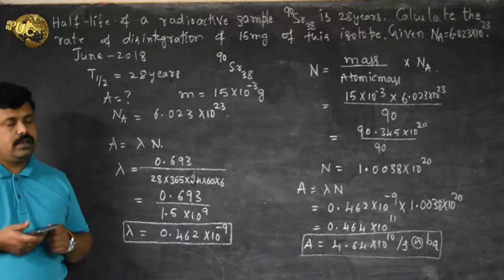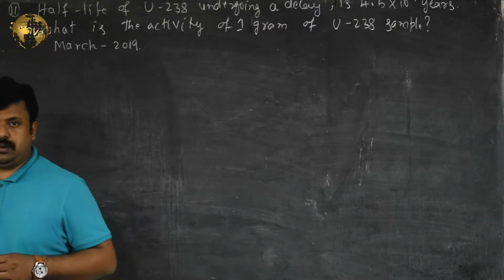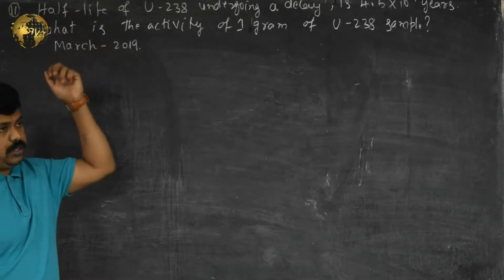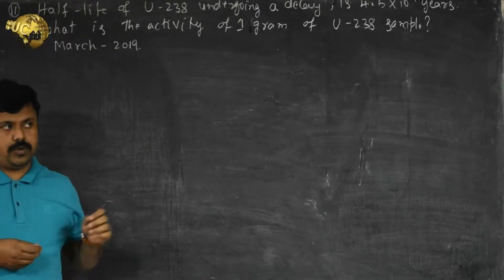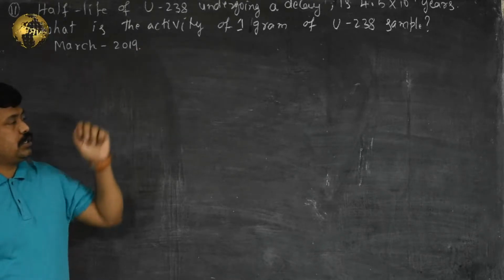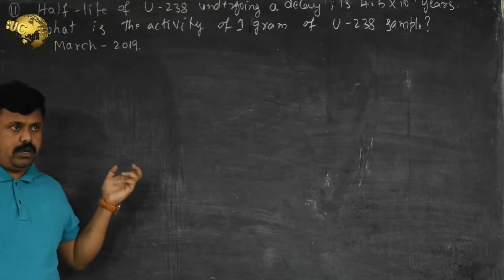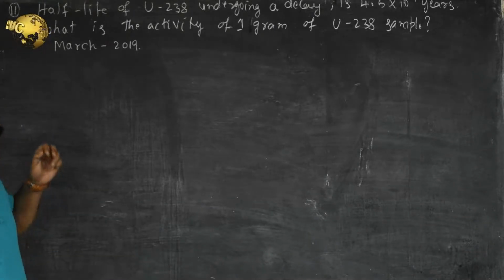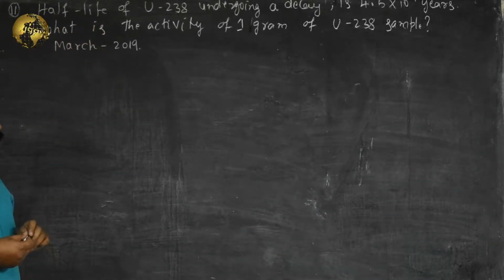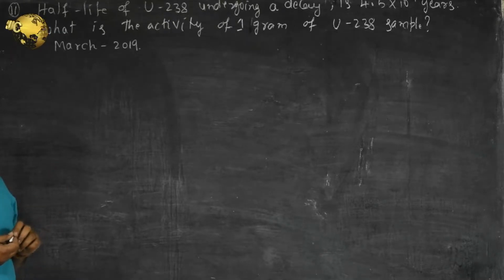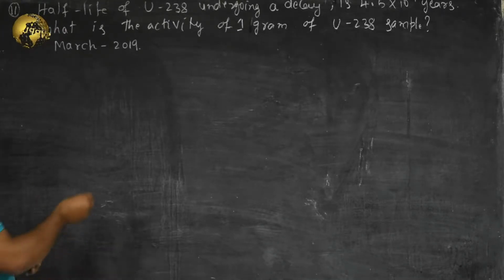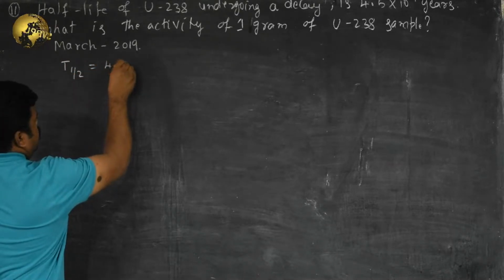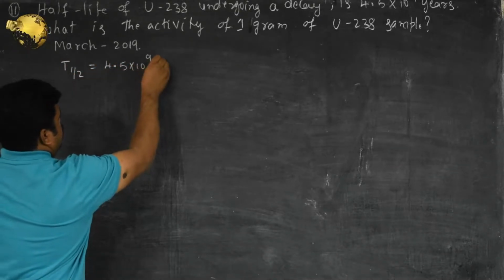Let's move on to the next question. The next question, question number 11, which was asked in March 2019 from units 9 and 10. This question is from nuclear, which is similar to the question we solved earlier. It says the half-life of uranium-238 undergoing alpha decay, that is T half, is equal to 4.5 into 10 to the power 9 years.